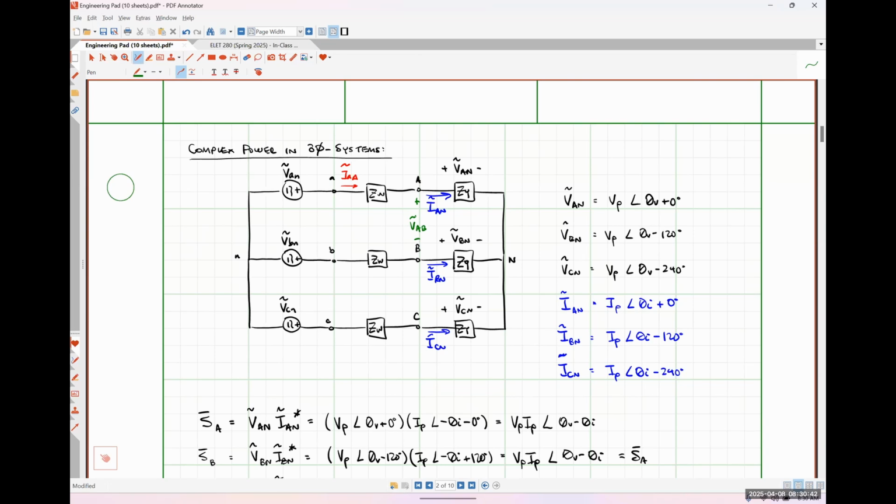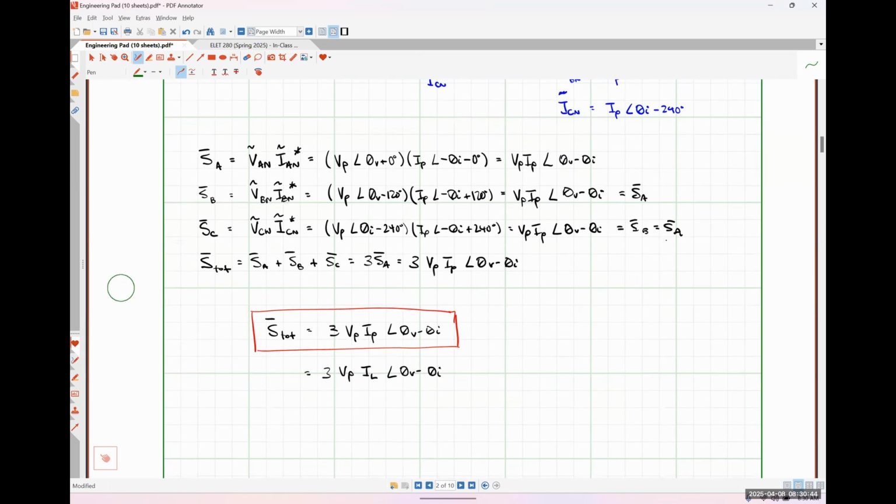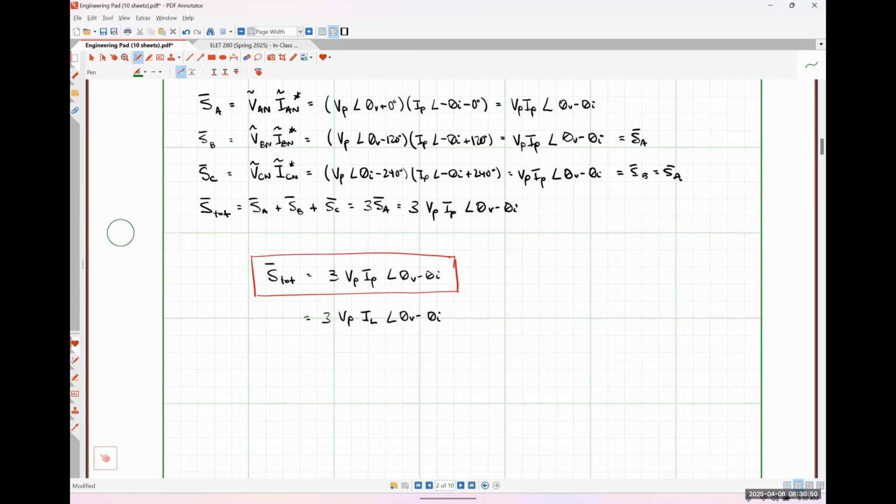So what I'm going to do is replace that 3 times VP with square root of 3 times square root of 3 VP IL angle theta V minus theta I. So square root of 3 times square root of 3 is just 3, right?